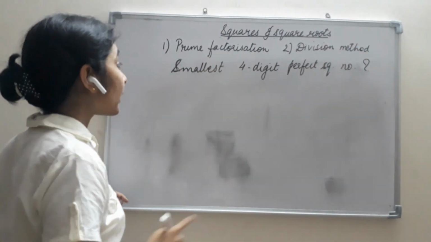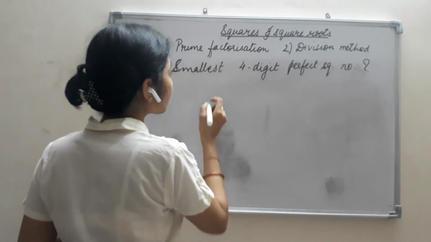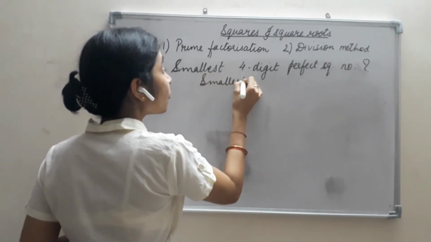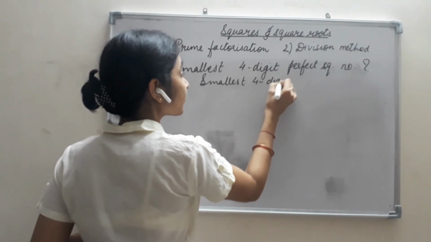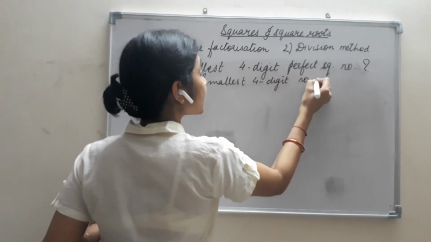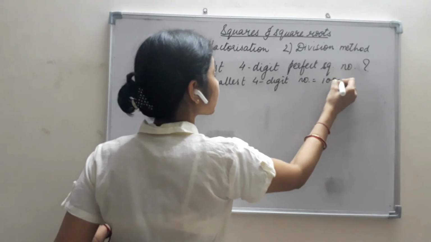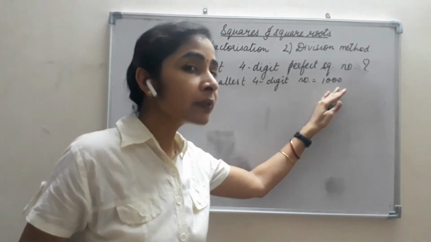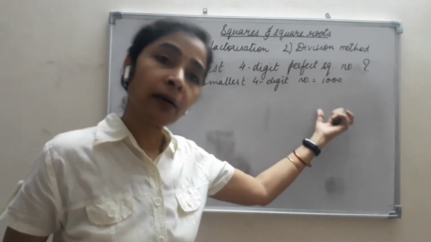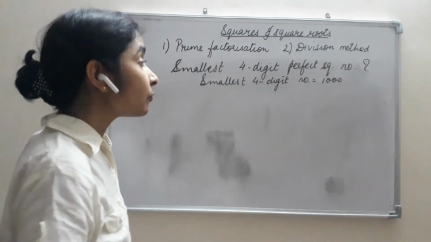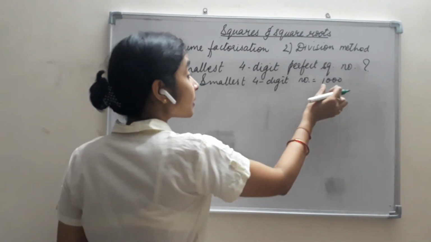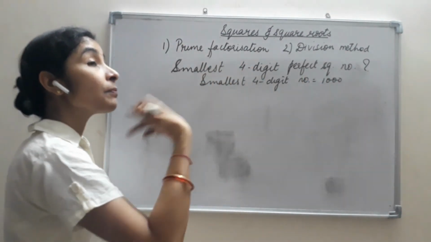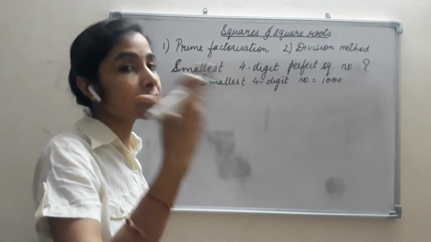For that, the smallest 4-digit number is equal to 1000. Now the smallest 4-digit perfect square number, how will we get? By adding some number to this number. So we will find a number whose perfect square is just less than 1000, and then we will take the square of its consecutive number.